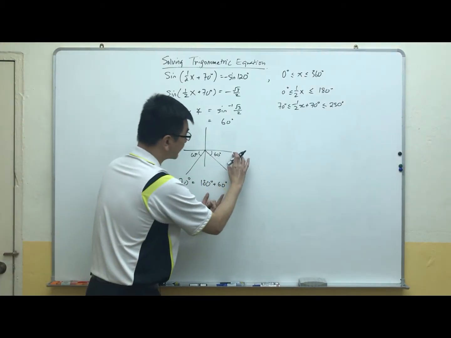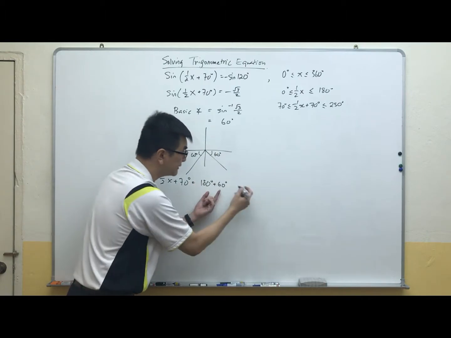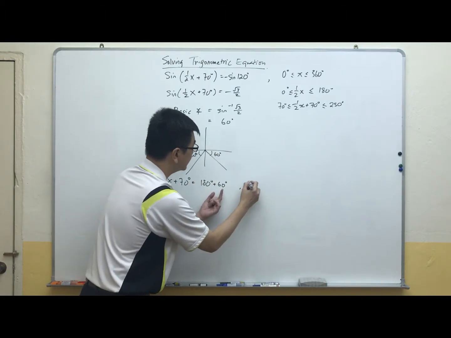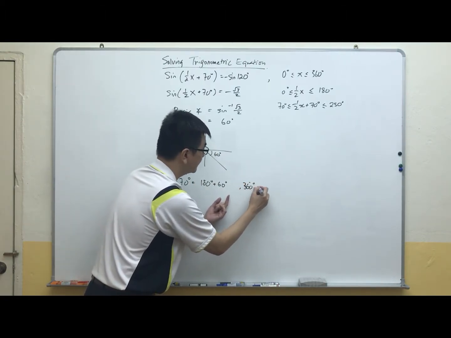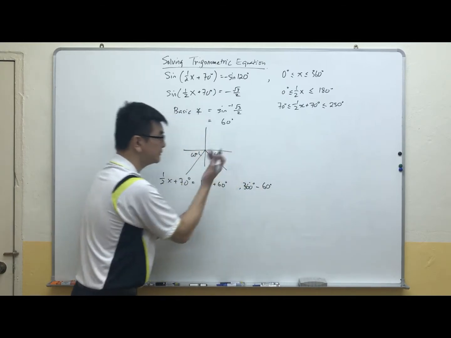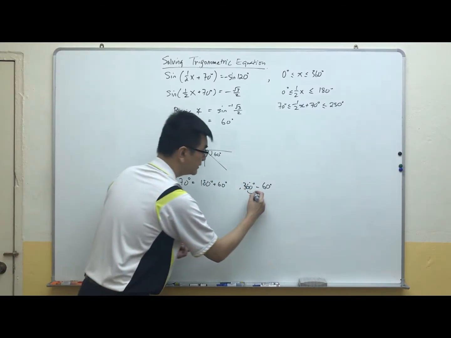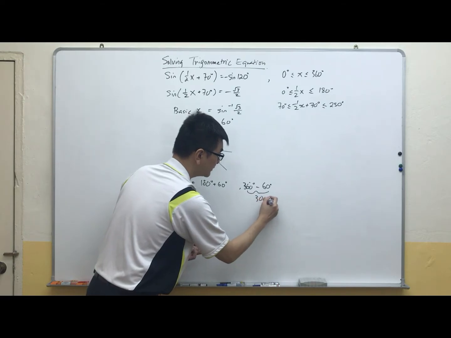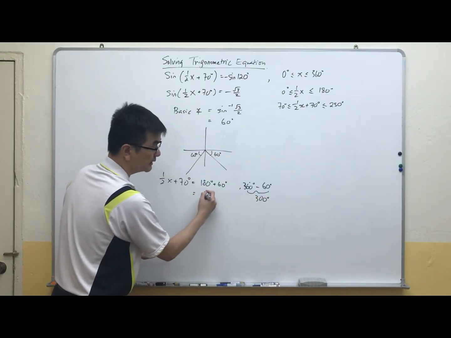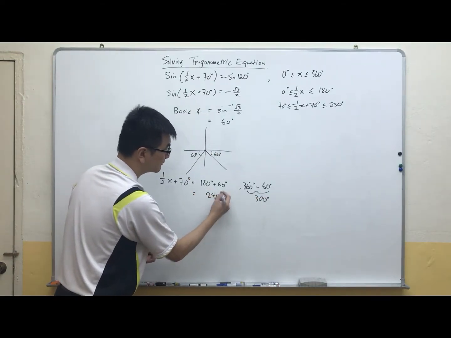Some may think that this angle is included, but let's consider this other angle: 360 degrees minus 60 degrees, which is 300 degrees. Okay, 180 plus 60 will give me 240 degrees.